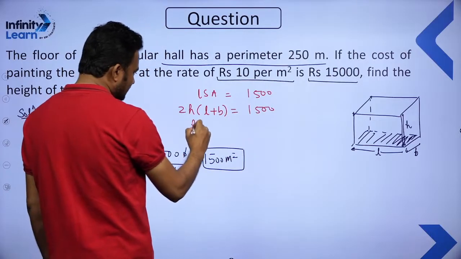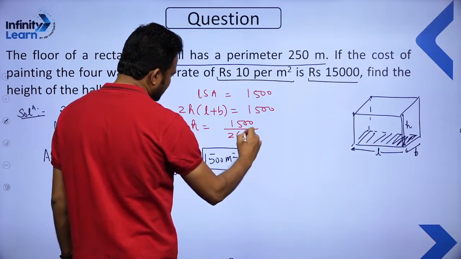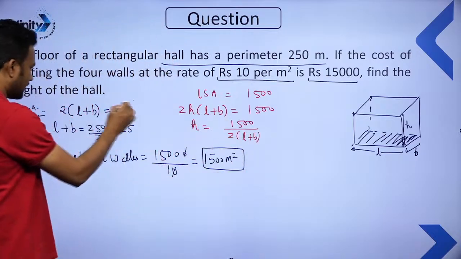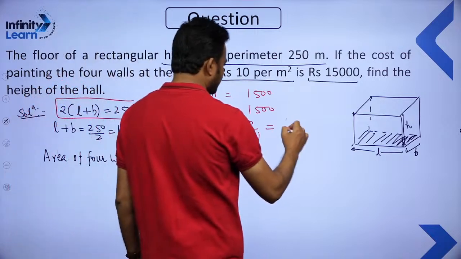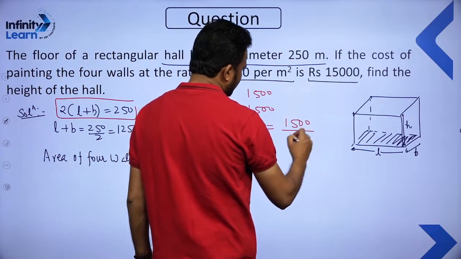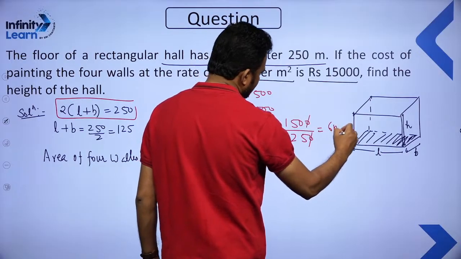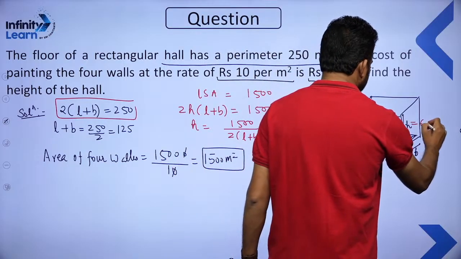So from here H will be 1500 upon 2 times of L plus B. This will go in the division part, and 2 times of L plus B is 250, right? So 1500 upon 250. Once you simplify this, guys, you will get 6 meter. So the height of this hall is 6 meter.